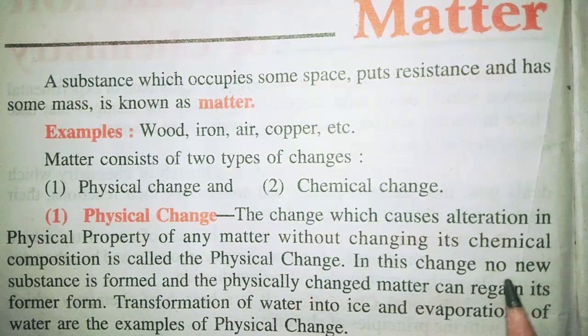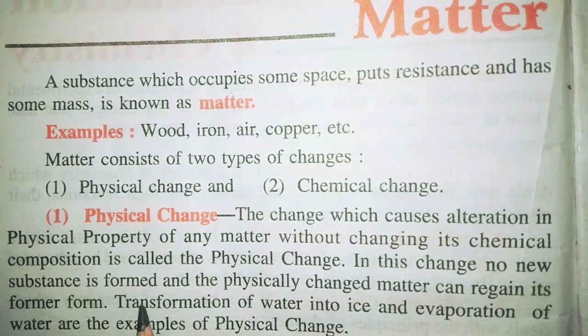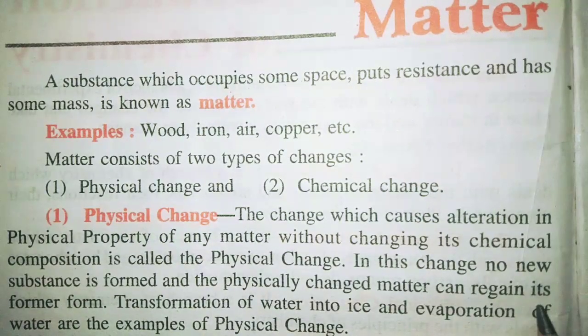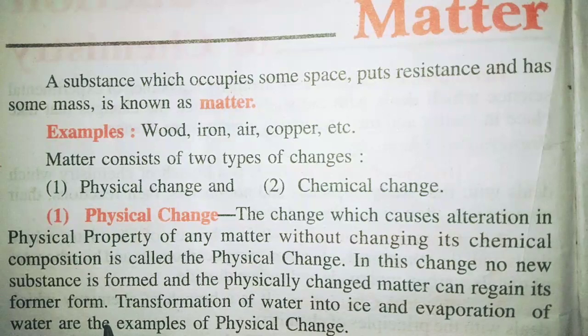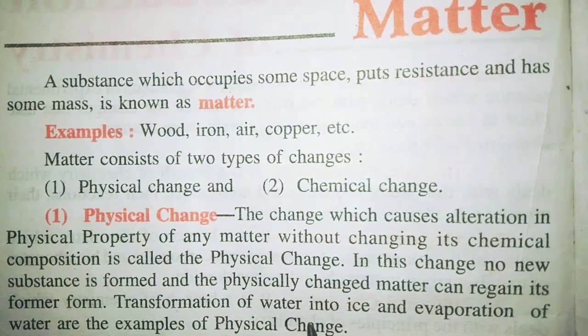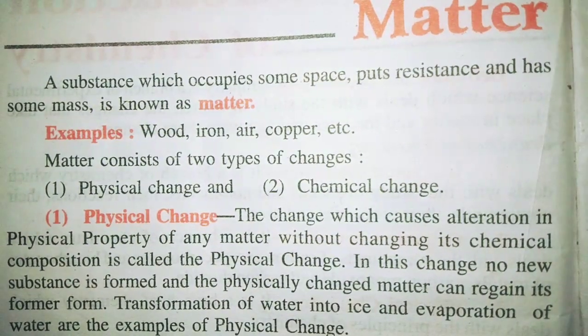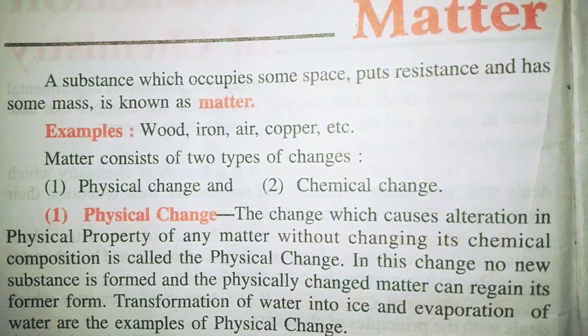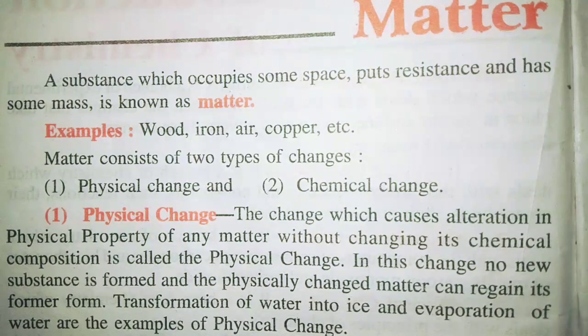In this change, no new substance is formed and physically changed matter can regain its former form. Transformation of water into ice and evaporation of water are examples of physical change.